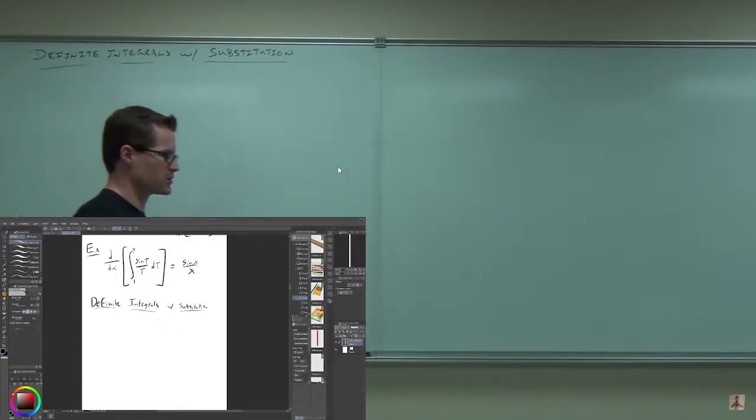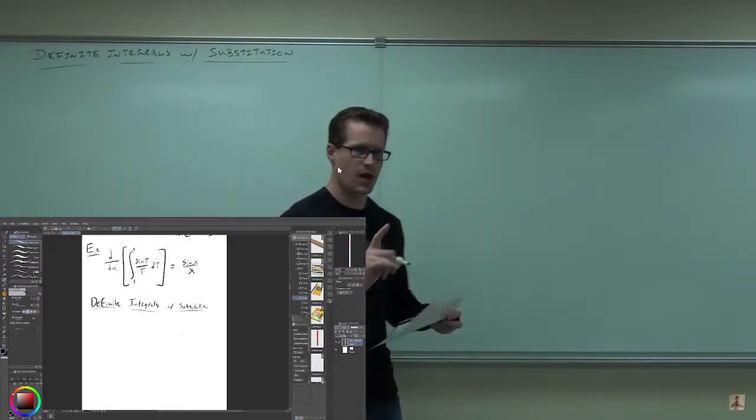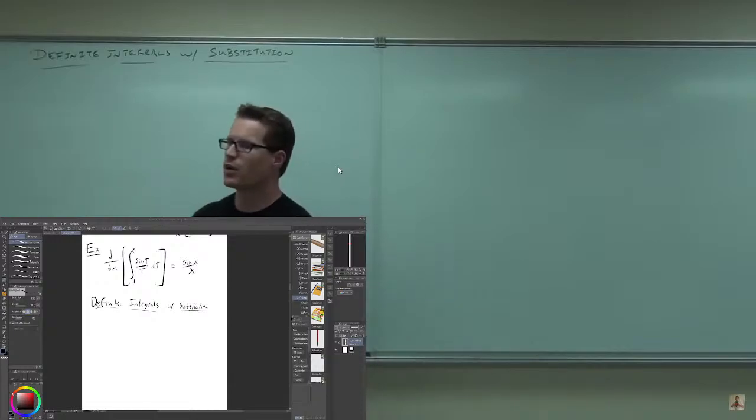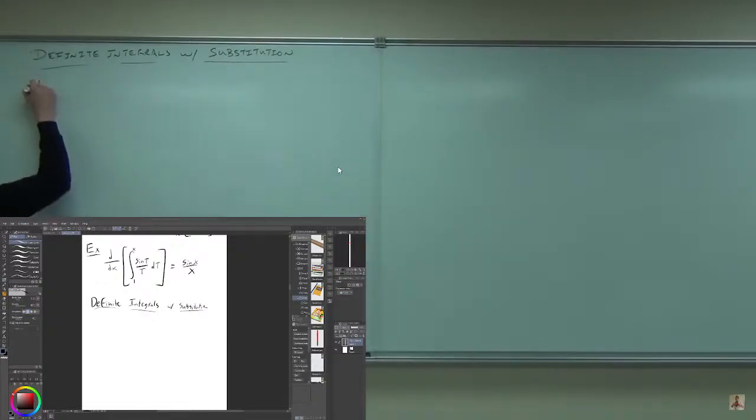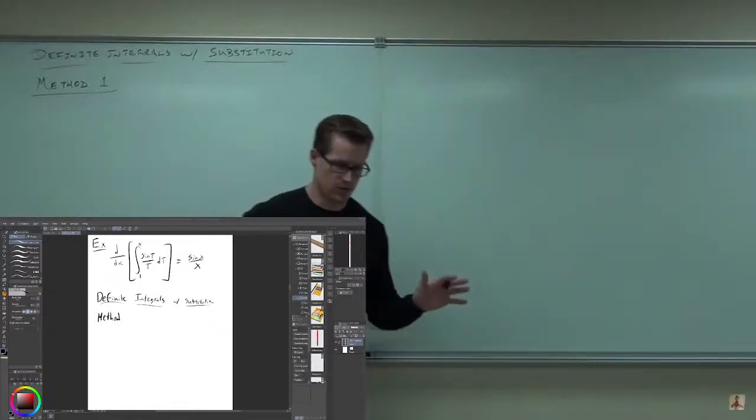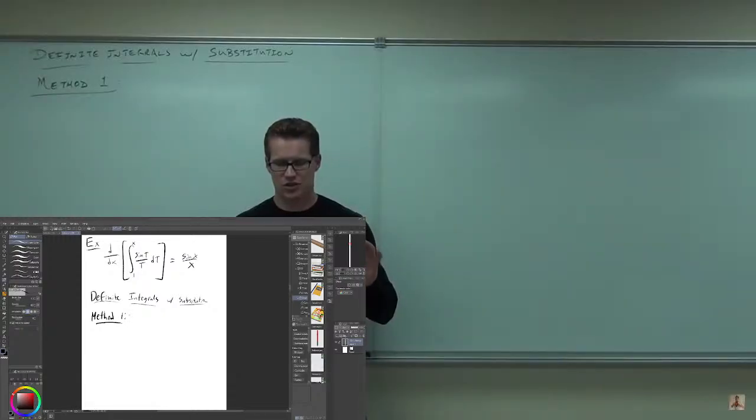There's basically two methods. I'll show you method 1 first, and then method 2. Method 1 says you're not going to change your bounds. You're going to do the same exact thing as before, but you're going to be sure to substitute back in for u before you evaluate.